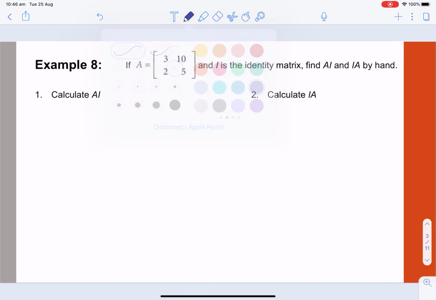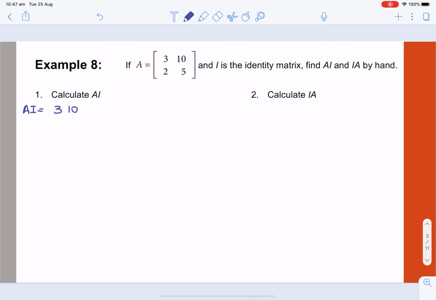We're going to go blue for starters. So AI is equal to, note that the A is first, so I do the A matrix first. And my identity matrix, I put my 1s down my diagonal, and then I fill the rest in with zeros. And then I multiply through.